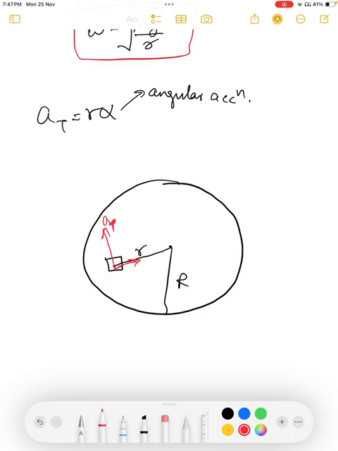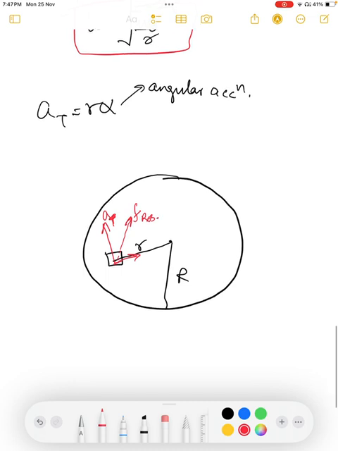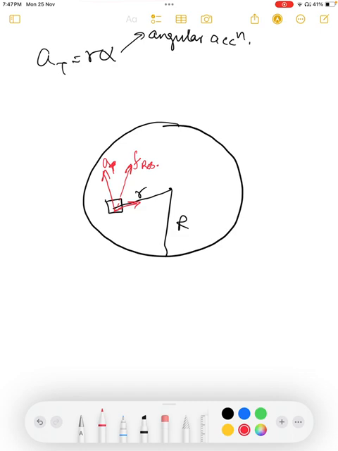So the net resultant force would be acting in this direction, F resultant. So this is actually the net frictional force acting on the box after increasing the angular velocity. So since the frictional force acts in this direction, the slipping tendency would be opposite to the resultant frictional force.